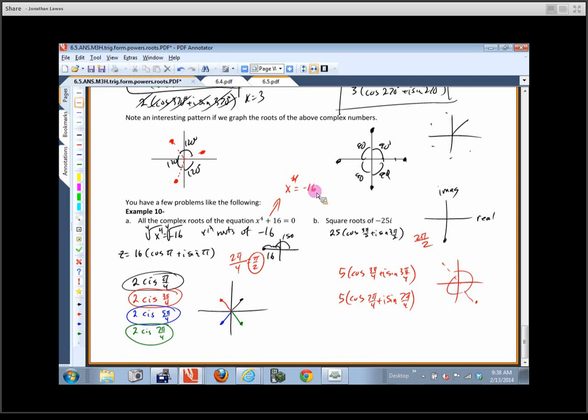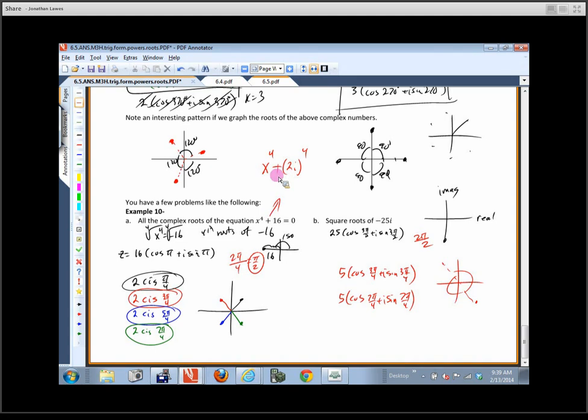Okay? So maybe we could rethink this, and maybe we could rewrite this as maybe a difference of squares. So could I write this as x to the 4th minus something raised to the 4th? What if it were 2i, would that work? Or let's see, that'd have to be plus.